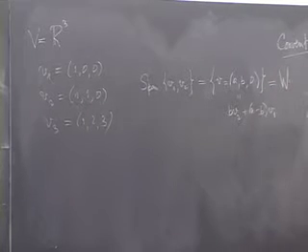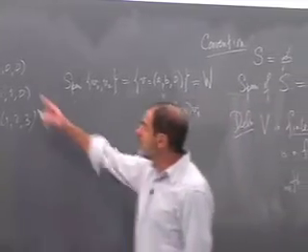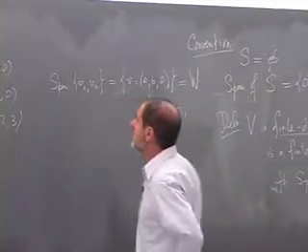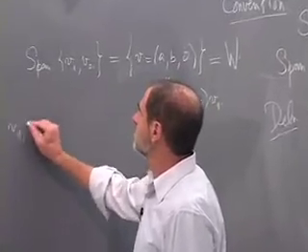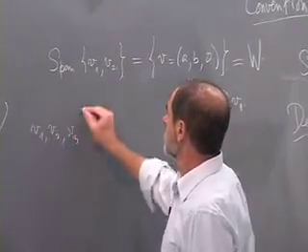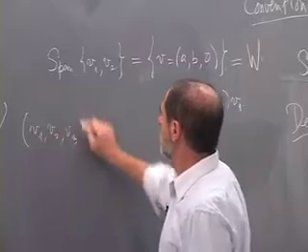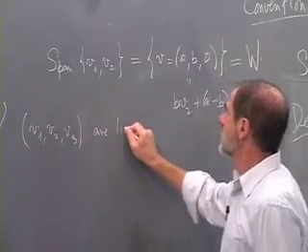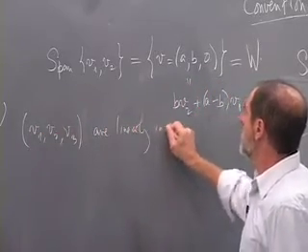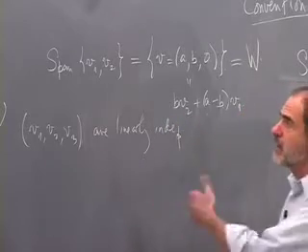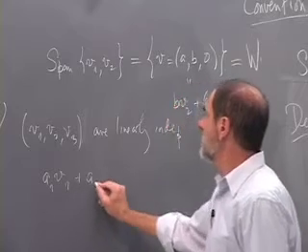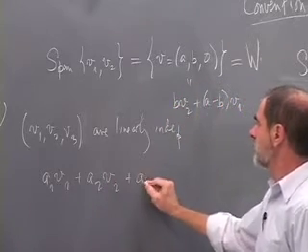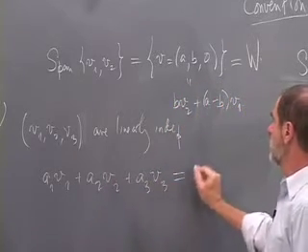And I also claim that V1, V2, and V3 are linearly independent. Because suppose I had some relation between them: A1 V1 plus A2 V2 plus A3 V3 equals 0.